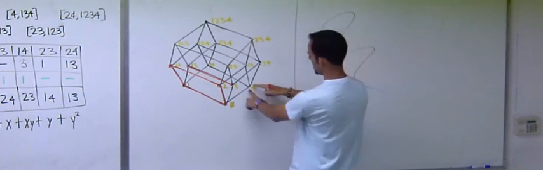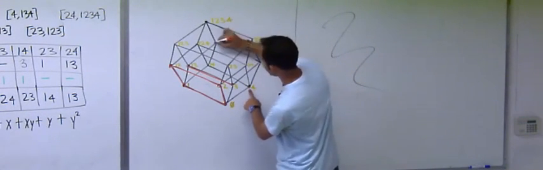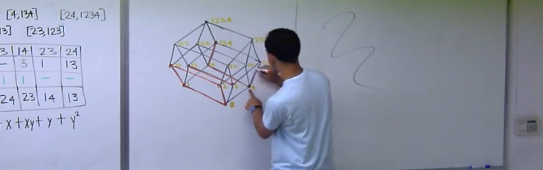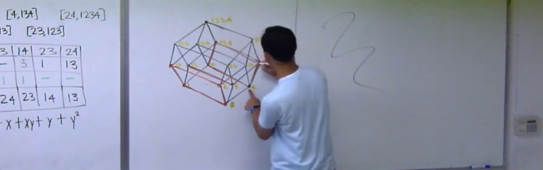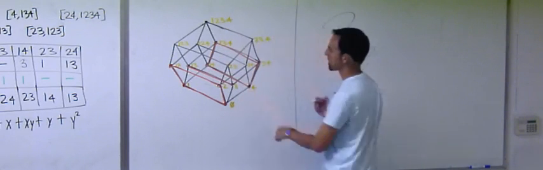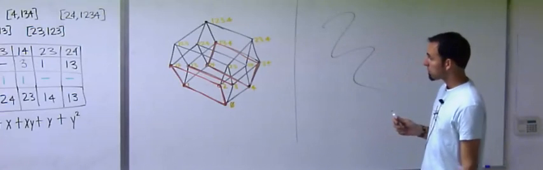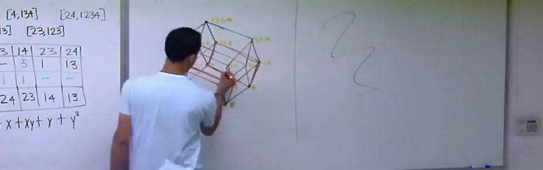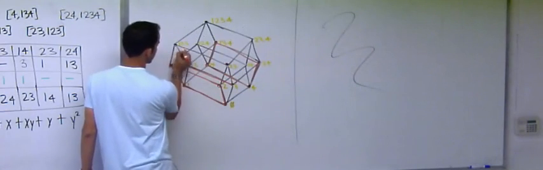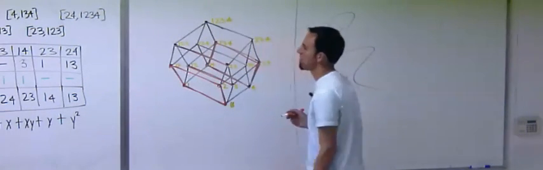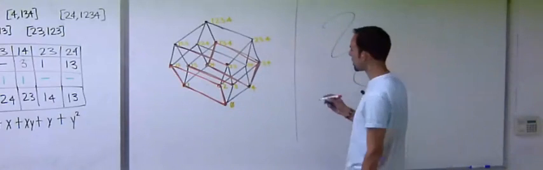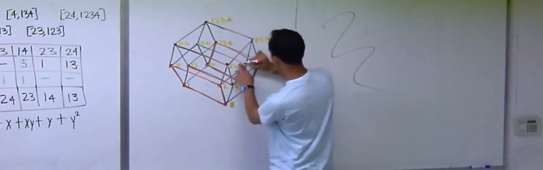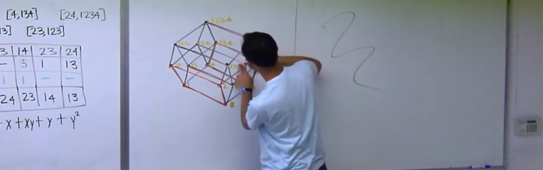From 4 to 1, 3, 4, you go through 1, 4 and 3, 4. Okay. Then the interval from 2, 3 to 1, 2, 3 starts here and ends here, and it's just a straight line like this. And finally, the interval from 2, 4 to 1, 2, 3, 4 goes through this guy and this guy.